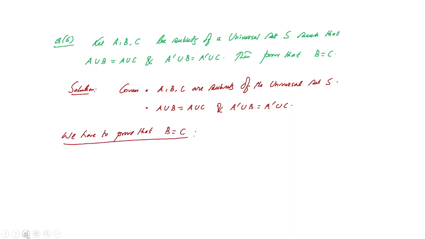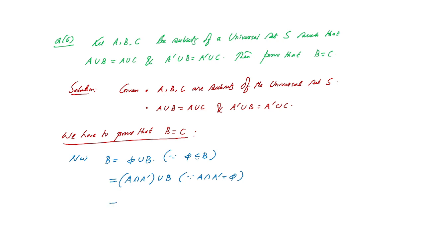Okay. So now we start from the set B and prove that it is equal to C. Start from B, and we can write phi union B. Why? Because the empty set is a subset of any set, it will be a subset of B. And that element phi we can write as A intersection A complement. This is this union B, since A intersection A complement is basically phi.